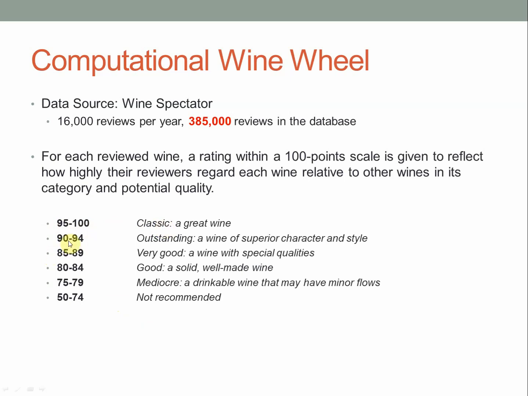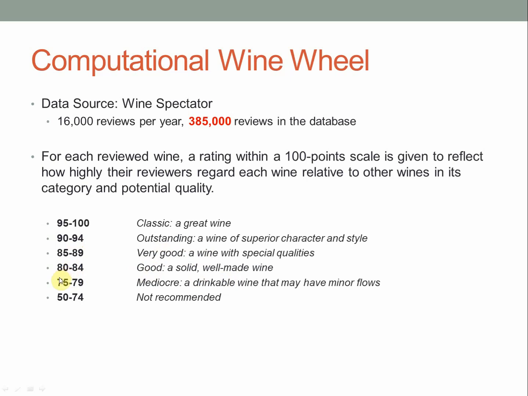If the wine is between 90 to 94, it's considered outstanding, a wine of superior character and style. Usually, a wine that's been evaluated 90 plus is considered an honor. Wines between 85 to 89 are very good, and 80 to 84 are good.